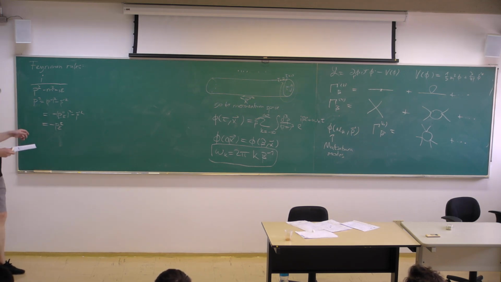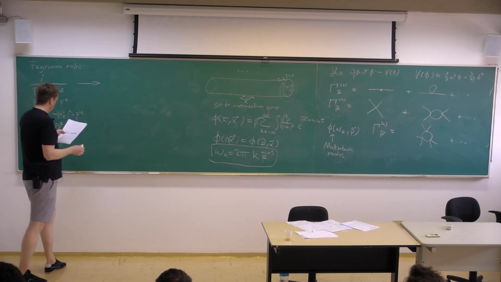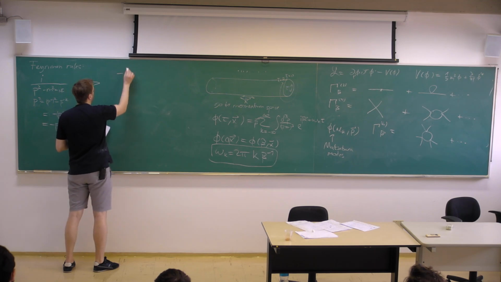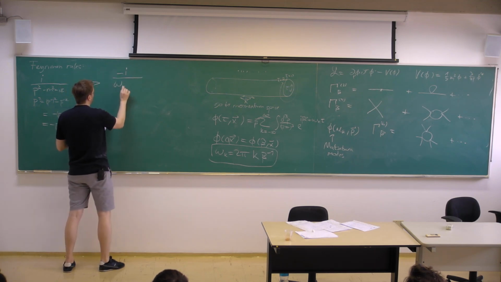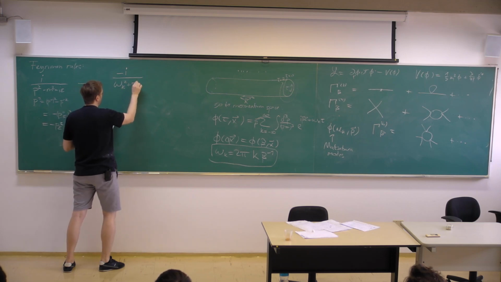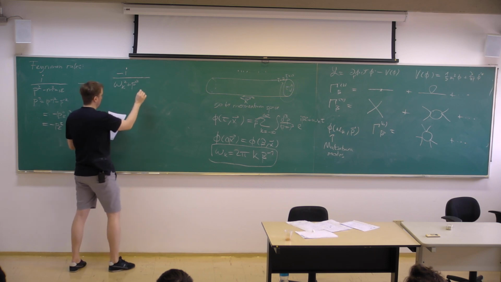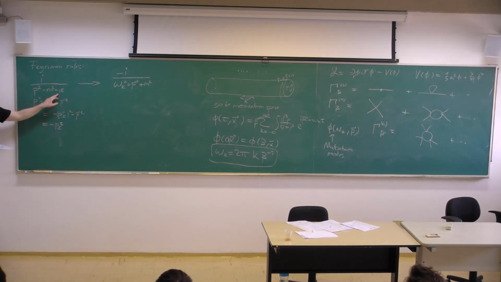So this is one change. The second change is that the energy states I can have are discrete, right? So essentially I get a minus sign, and now I get these frequencies here plus the normal 3-momentum squared plus a mass squared, and I can forget about the i epsilon because I already did the Wick rotation.